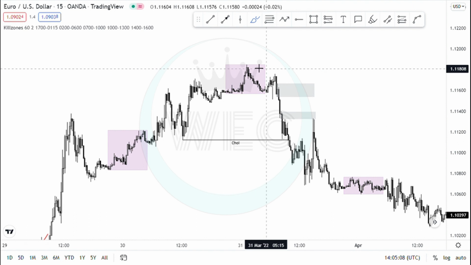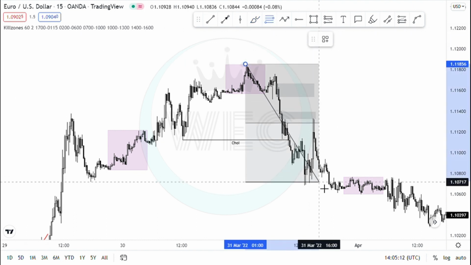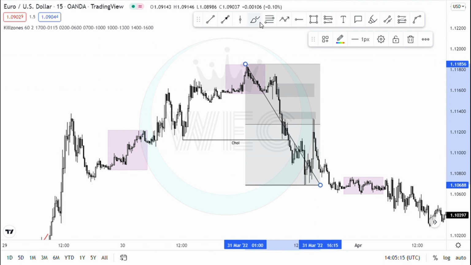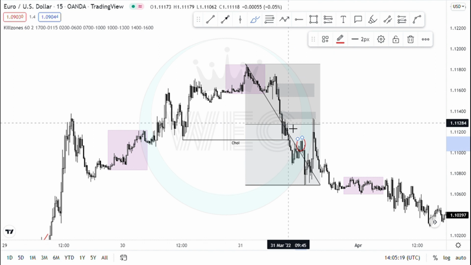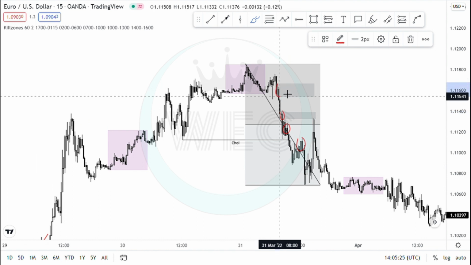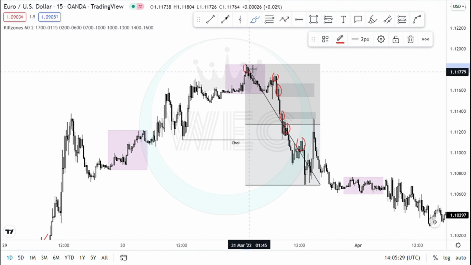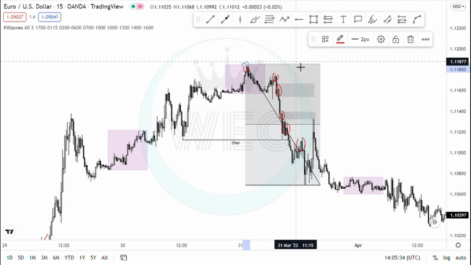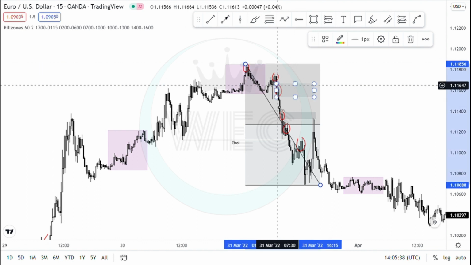If I spread my fibs from the high to the low, we can see that we have this order block, this one as well, this one, and this one, and the last one right here, which I didn't mark because it was in confluence with the Asian high. So we have 1, 2, 3, 4, 5, 6 order blocks.